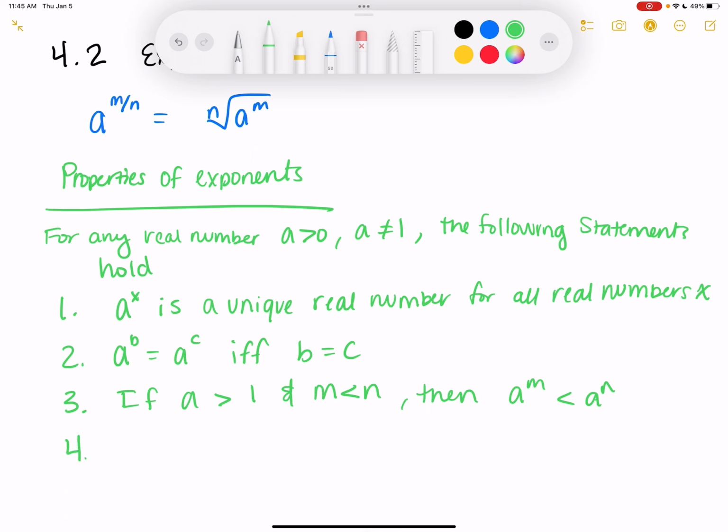And 4, if 0 is less than a is less than 1 and m is less than n, then a to the m is greater than a to the n.